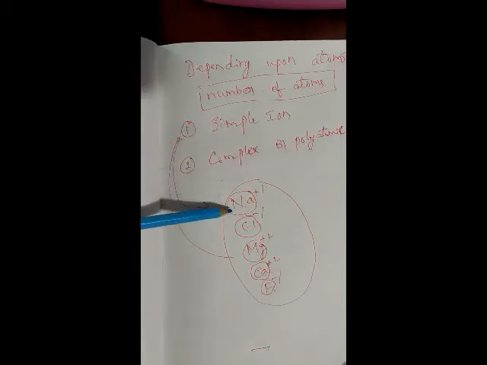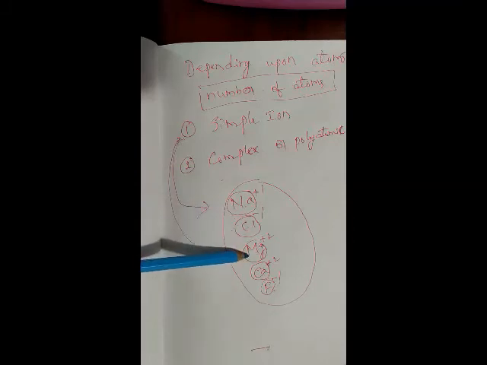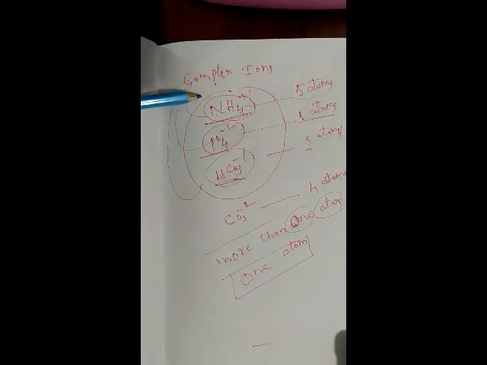Simple ion means the ion which contains a single atom. The complex ions are the ions which contain more than one atom. That means some ions contain 2 atoms, some contain 3 atoms, some contain 4 atoms, some contain 5 atoms. So the ions which contain more than one atom are known as complex ions.